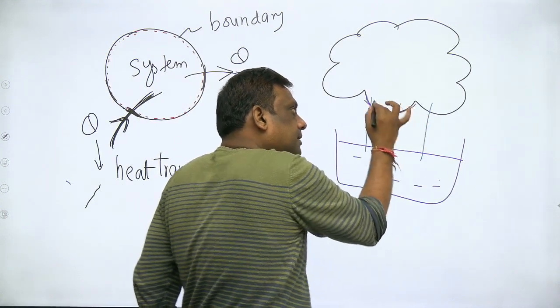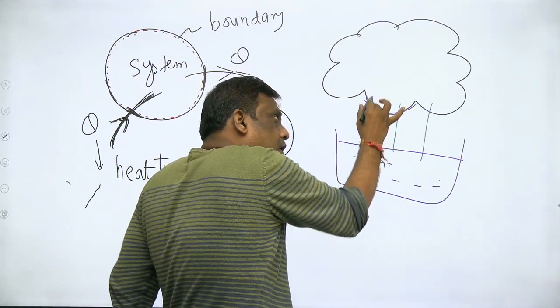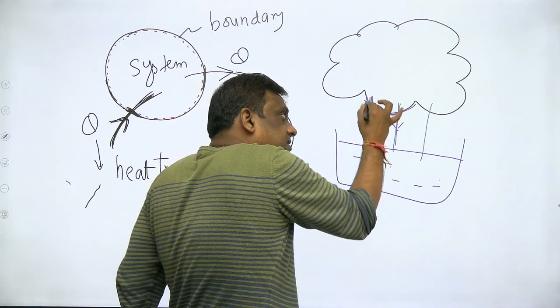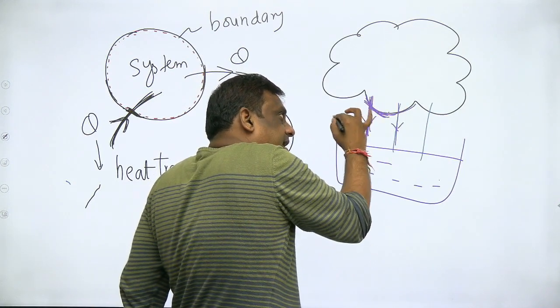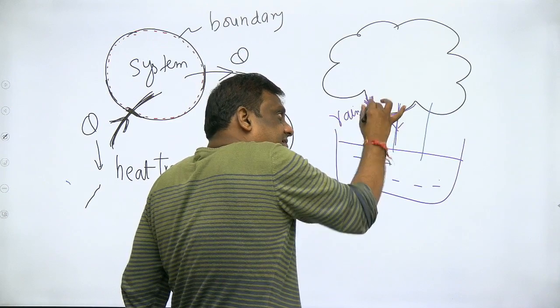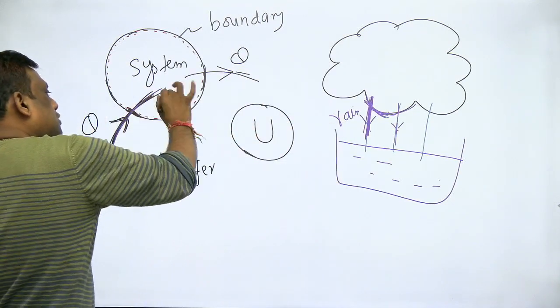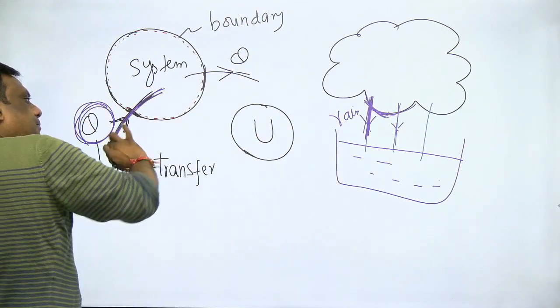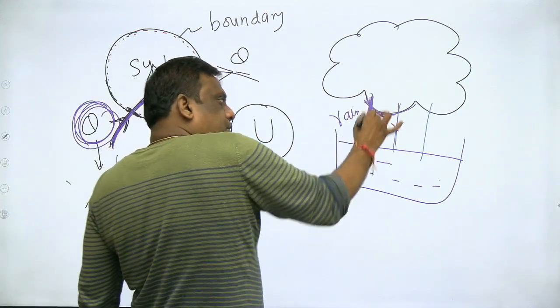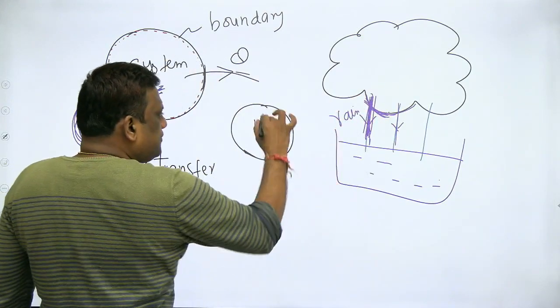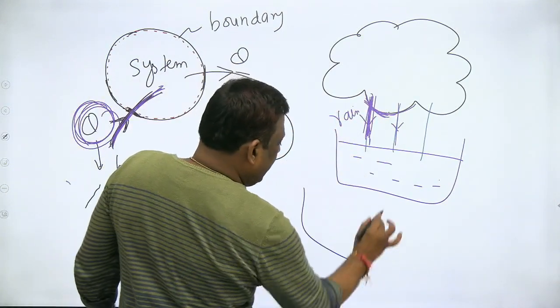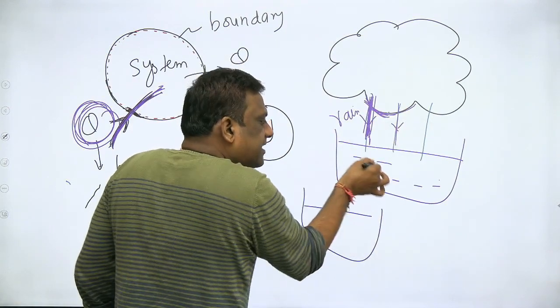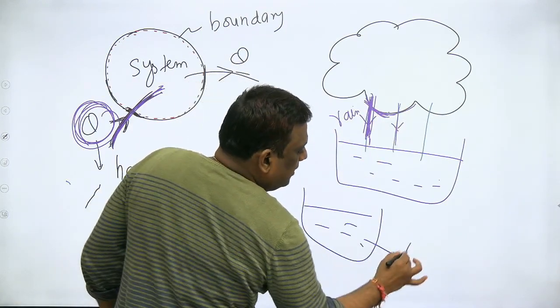So it is crossing the boundary. As long as it crosses the boundary, we call it rain. Boundary crossing, heat transfer. Boundary crossing, rain. Once it stops, internal energy. Once the rain stops, we don't use the word rain. Whatever is there, we use the word water.